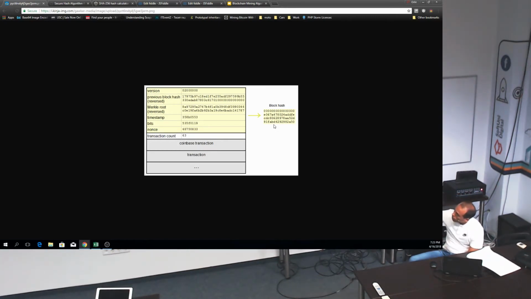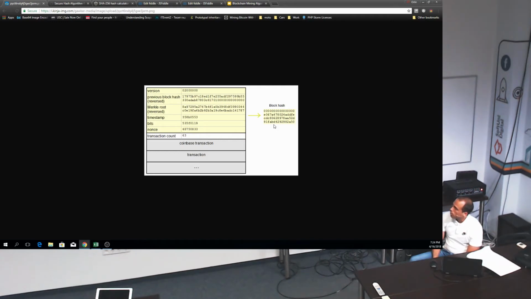But the point here is that with this nonce number, we are trying to adjust the final hash of the block, which is the answer of our cryptographic puzzle. As we said, currently it used to be 17, I think that right now it is supposed to be 18 leading zeros.